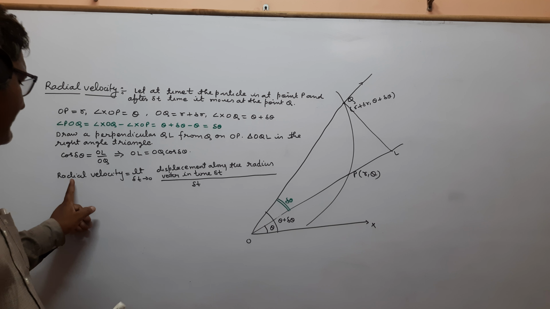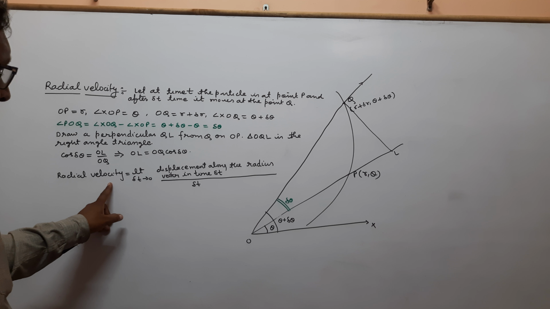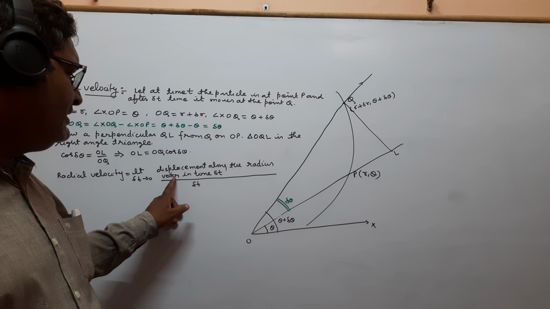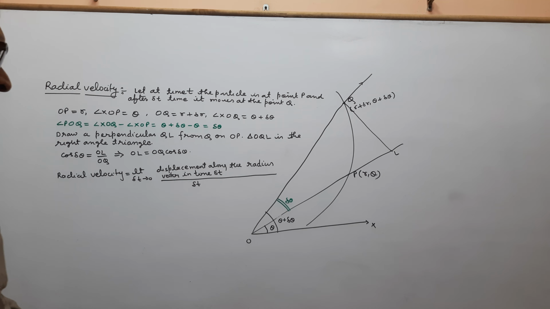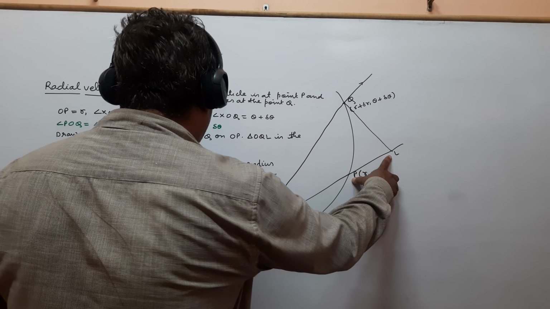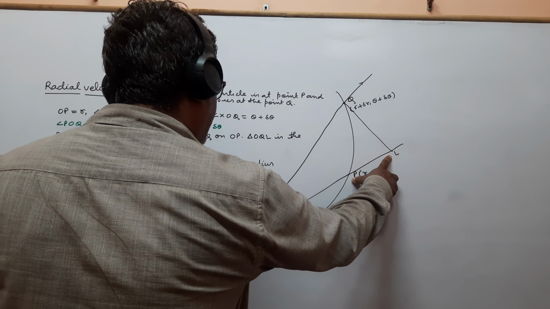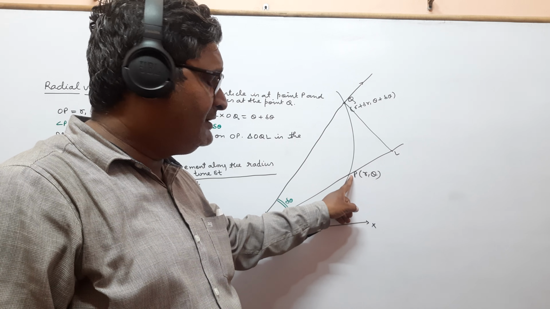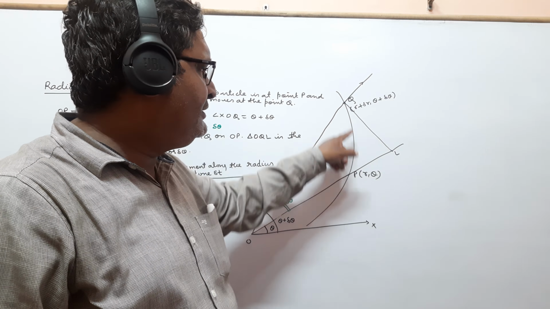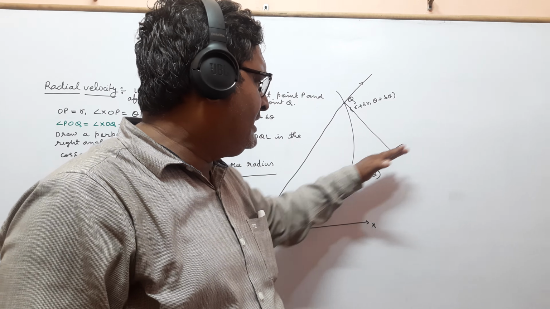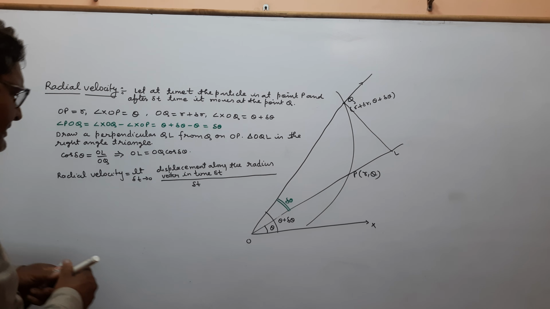When we find radial velocity, we know that radial velocity is the displacement along the radius vector in time del t divided by del t. From the figure we can see here PL is the displacement in time del t. When this particle moves from P to Q, it takes the time del t, and in del t time it covers the displacement PL along the radius vector OP.